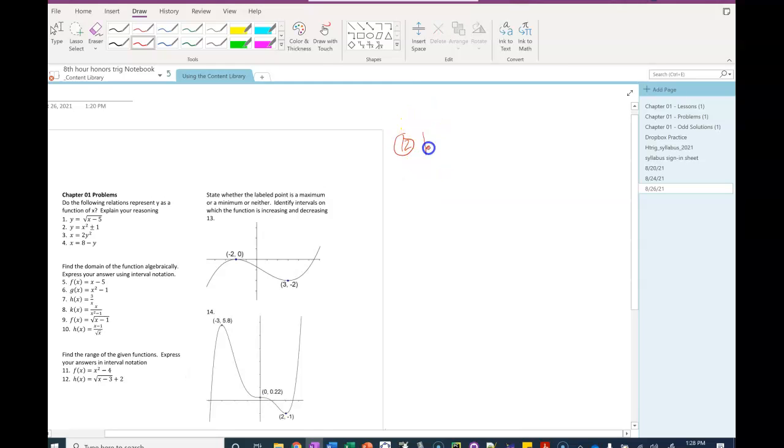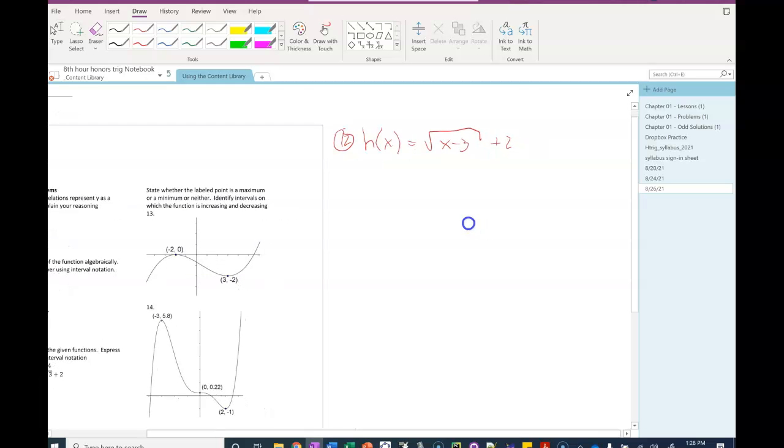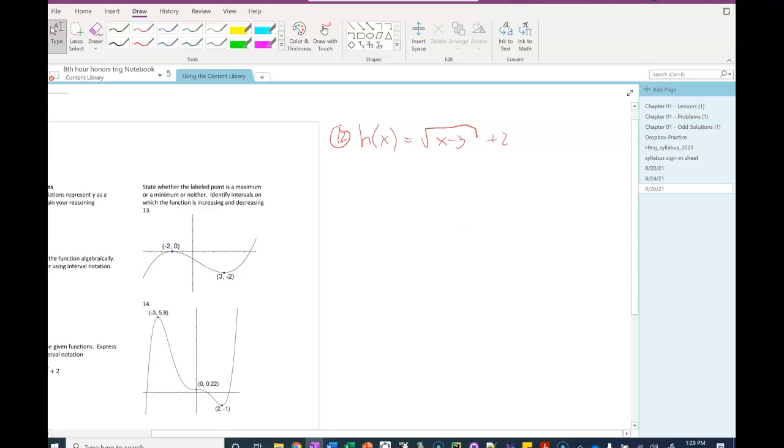So 12 here. It asks for the range. If I'm going to answer this algebraically, before I can do the range, I need the domain. So I'm going to start there. The implied domain here is obviously all real numbers, since there's no context to this problem. It's just variables that don't represent anything in particular.